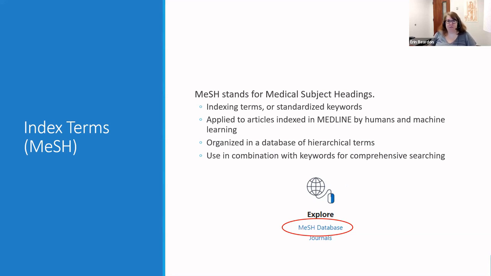If you use the MeSH term, you're going to find all of those articles, because it's the same term, applied to articles about this thing and articles that call it something else. These are organized in a database that's kind of like a hierarchy, and you want to use these in combination with keywords for comprehensive searching.